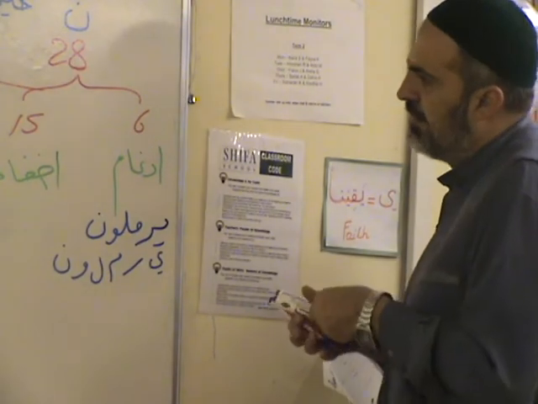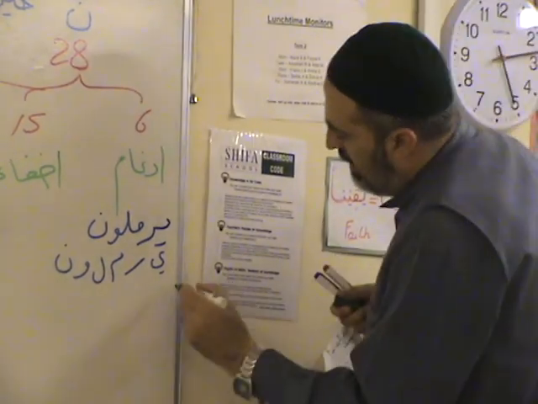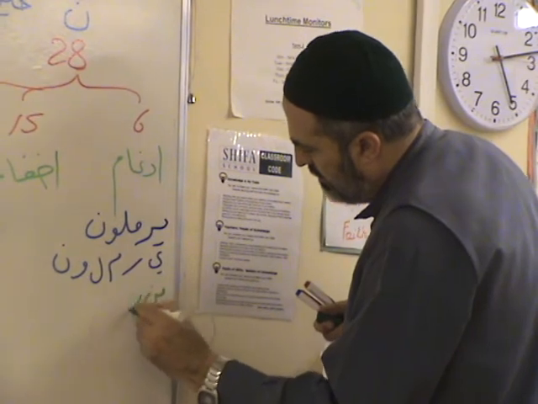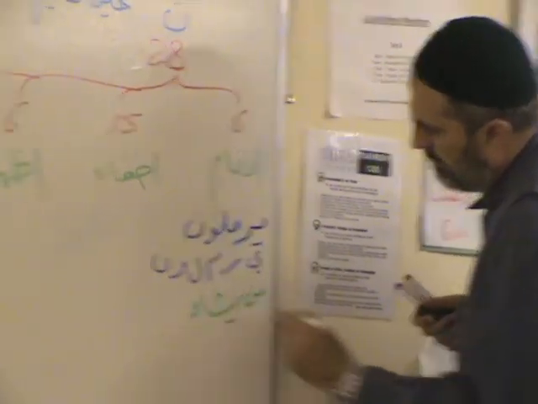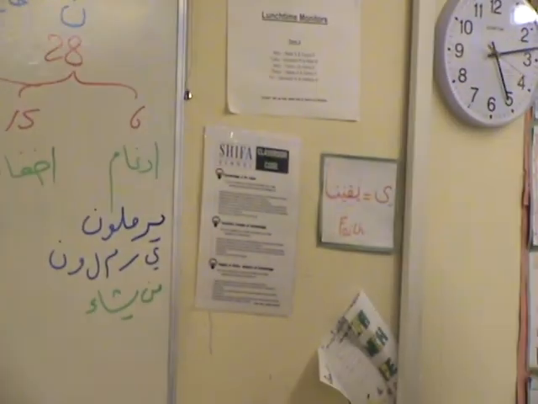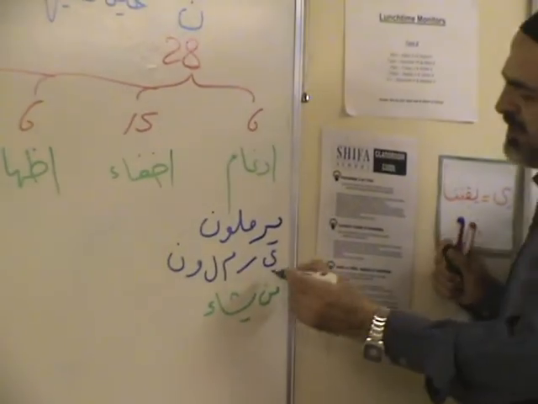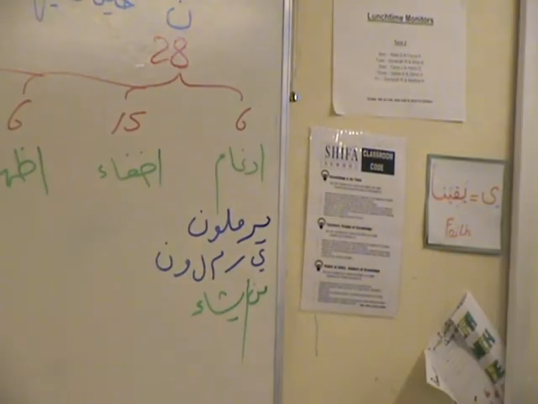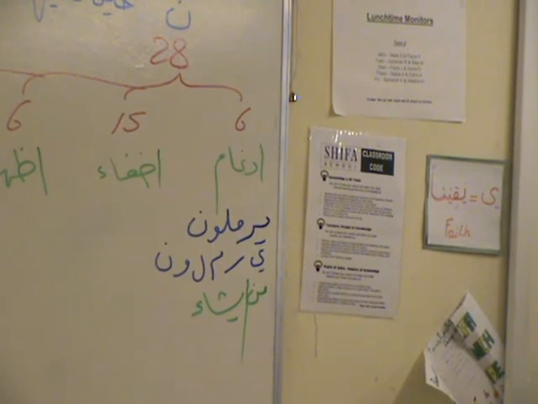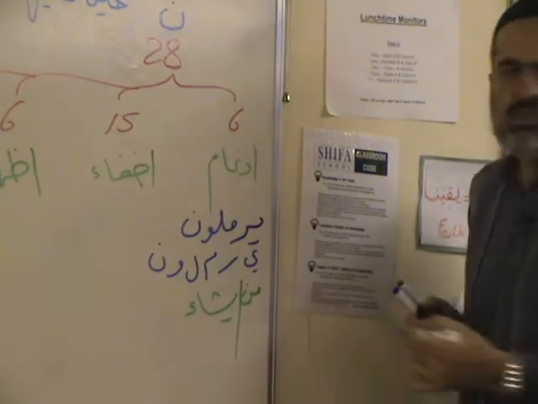So let's put the example: man yasha. When you stop here, you say man. The noon is quite obvious. When you carry on, the noon is gone by the ya.